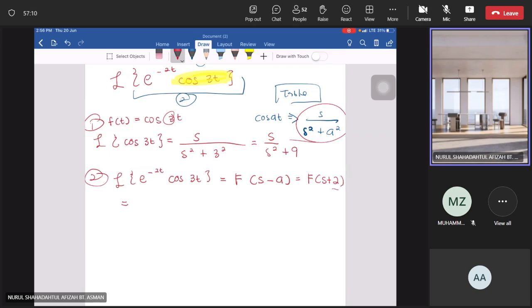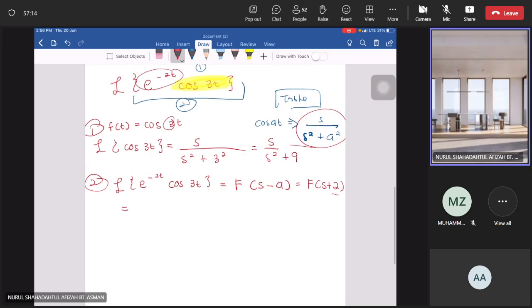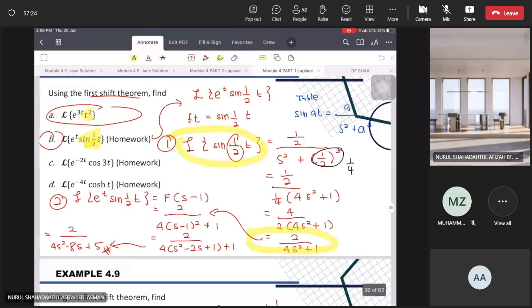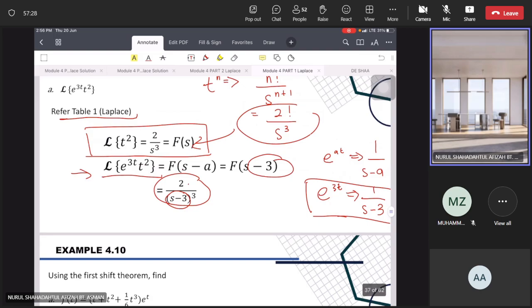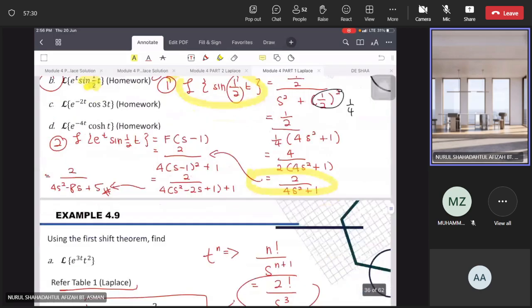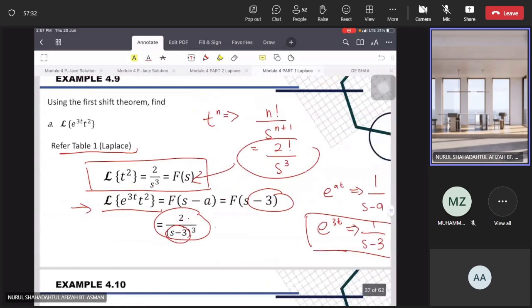Plus 2 because of your exponent. I think this one is the same as before. Just negative 2t. Yeah. You need to refer to the table also.